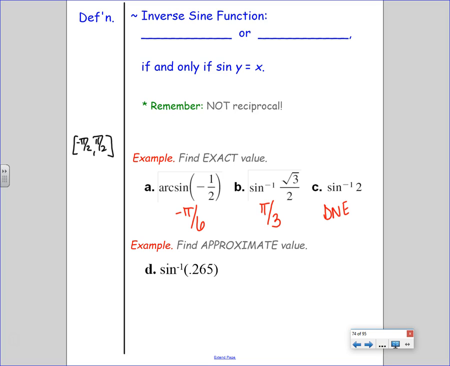If I give you cosine of 2 pi over 3, you get negative 1/2, but inverse cosine of negative 1/2, that's 2 pi over 3. I have to know it backwards and forwards.